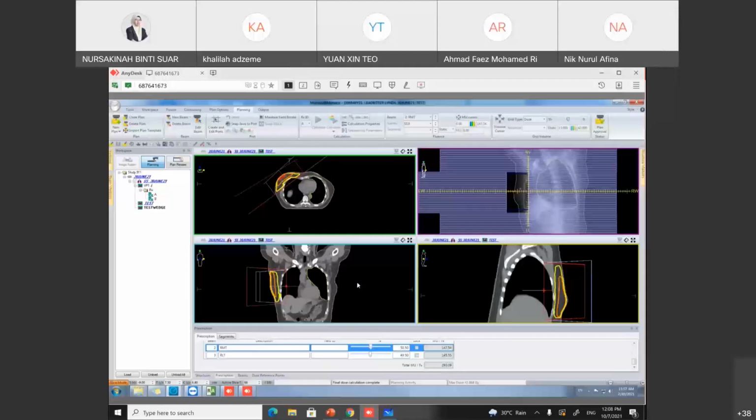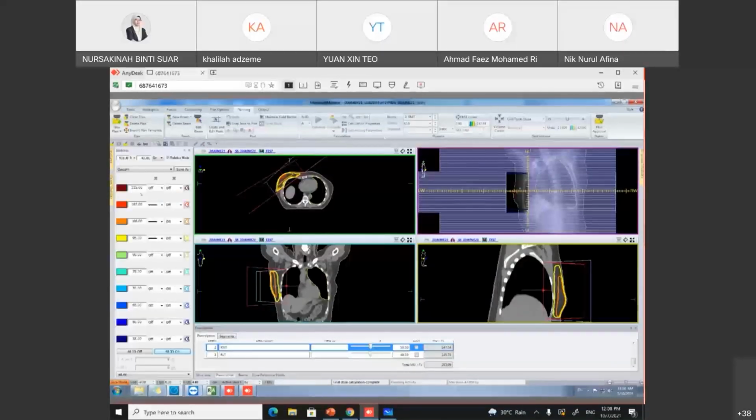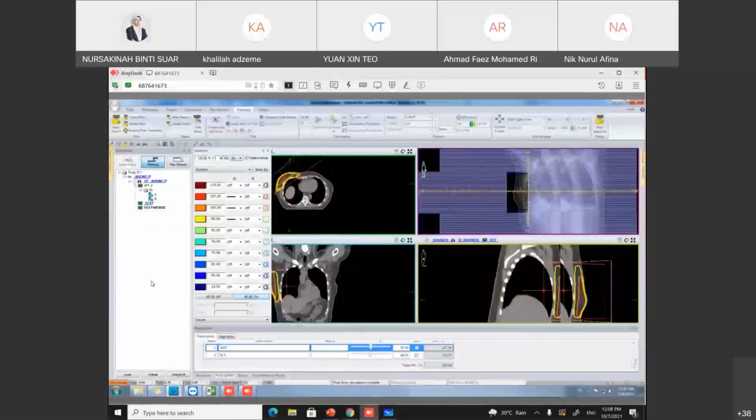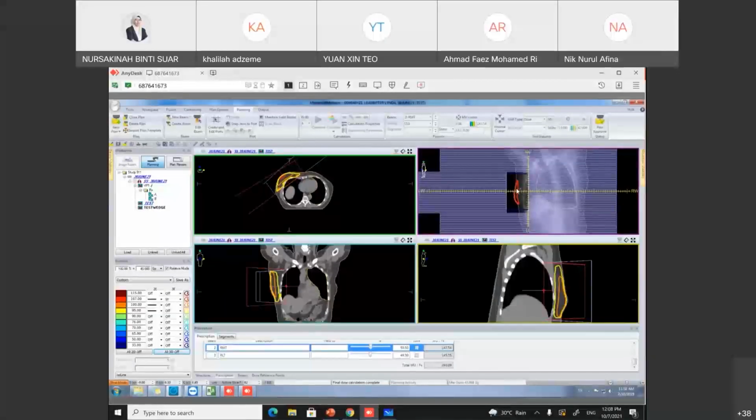The field in field technique is aimed to reduce the hotspot. Remember just now I said I want to reduce it from 10% to 7%. I want to get rid of this red color dose distribution. So at first I will need to turn it off at this DRR.